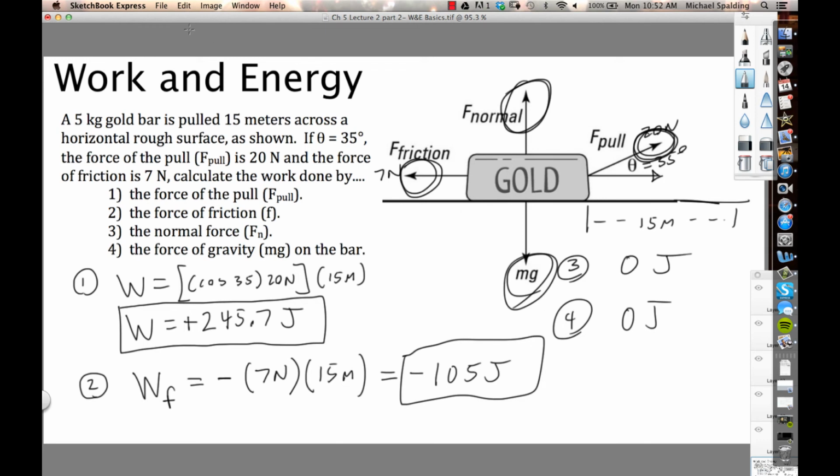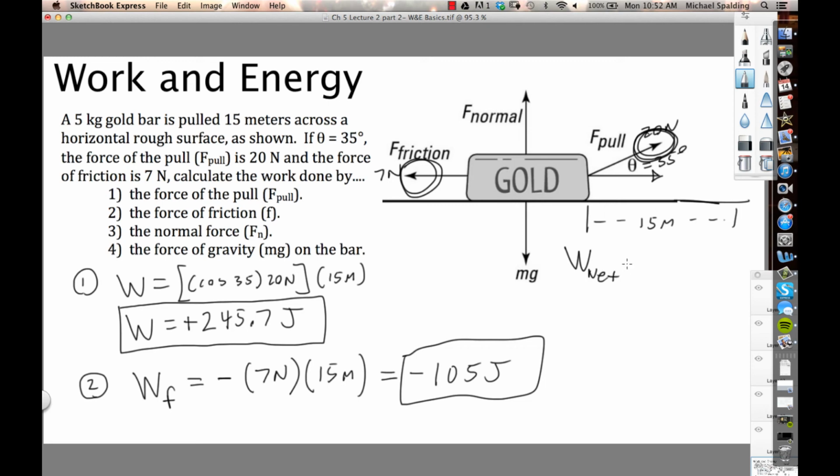Now remember I said that chapter 4 and chapter 5 are very similar in a lot of ways. So here's one connection I want to make. What is the net work for this problem? How many forces were doing work in this situation? 2 forces were doing work.